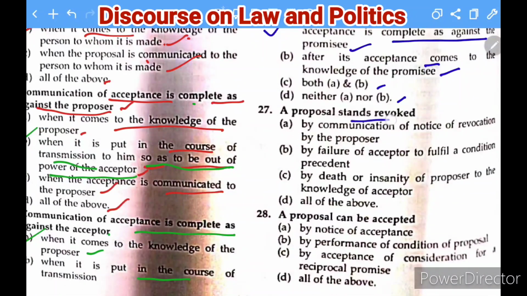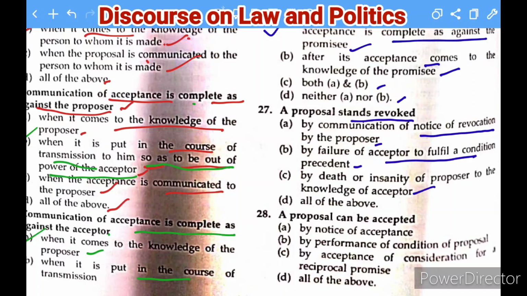A proposal stands revoked. When does a proposal stand revoked? By communication of notice of revocation by the proposer, by failure of acceptor to fulfill a condition precedent, by death or insanity of proposer to the knowledge of acceptor, and D, all of the above. A proposal stands revoked by which options?